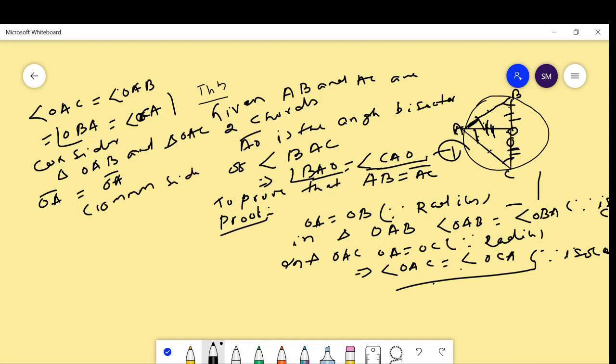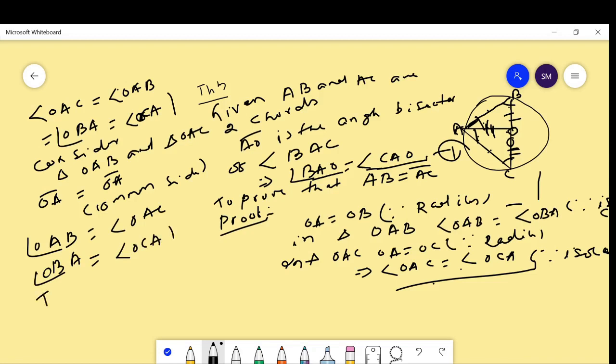Then angle OAB is equal to angle OAC, and angle OBA is equal to angle OCA.